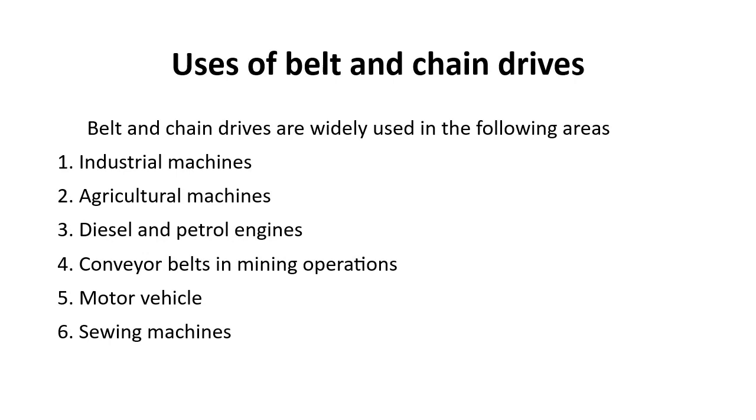And how does this apply? We now know that in the diesel or petrol engine, the major source of the energy comes from the crankshaft. And we still have other components that need energy to operate in the engine.